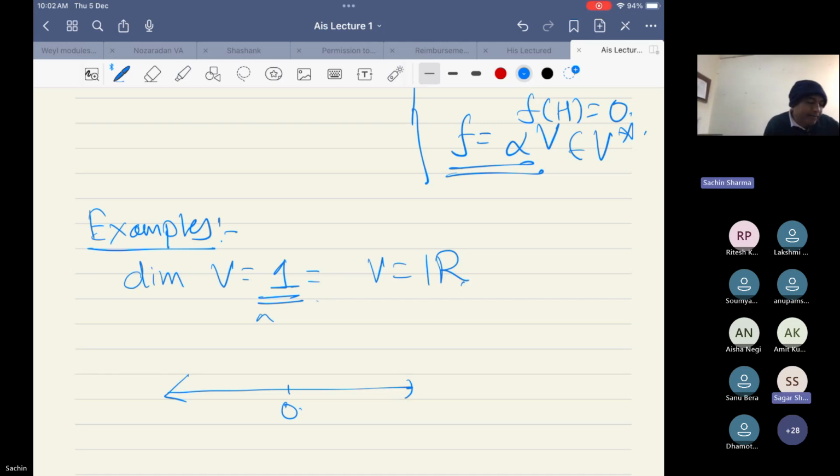Just two elements, alpha and minus alpha. Very nice. There is no chance of having another one, right? Yes. So this is example 1, and that completely exhausts the case where the dimension of V is 1.